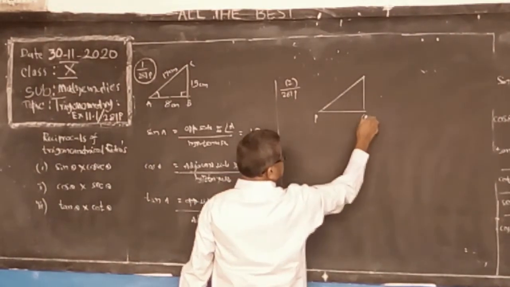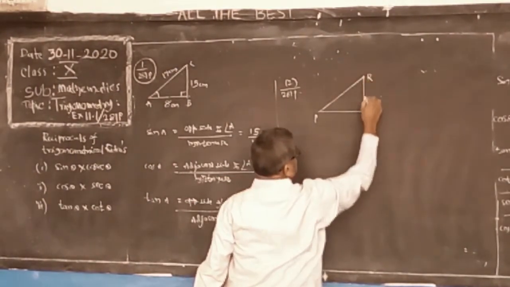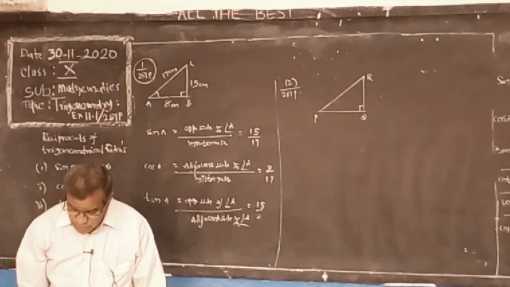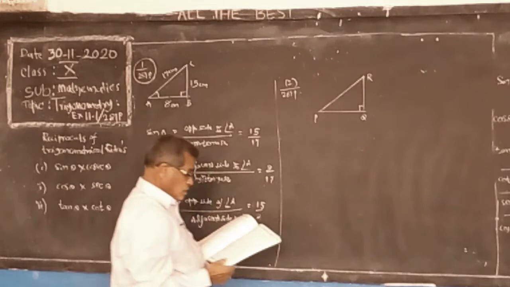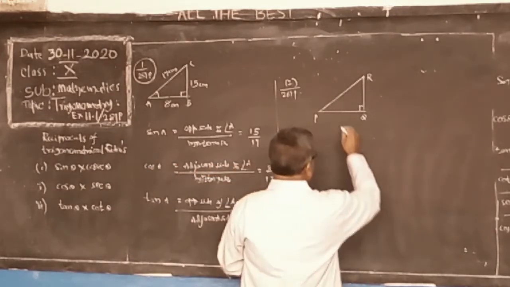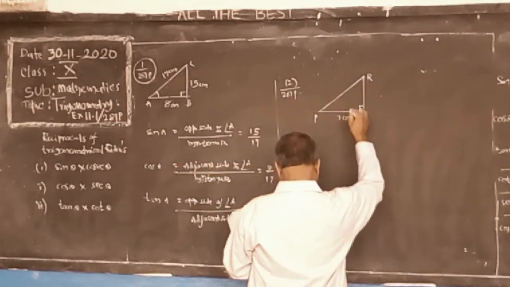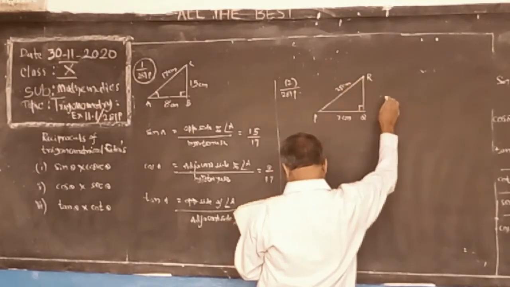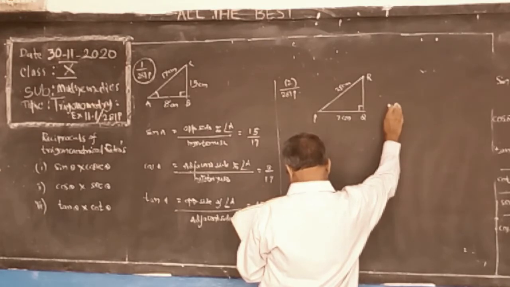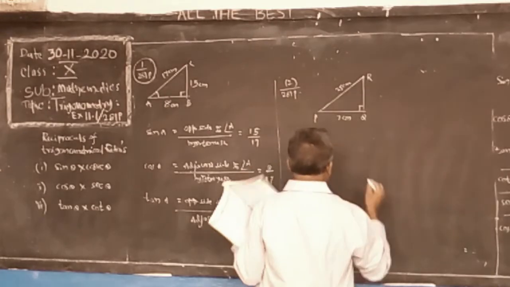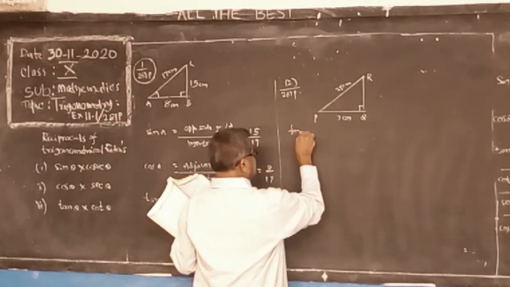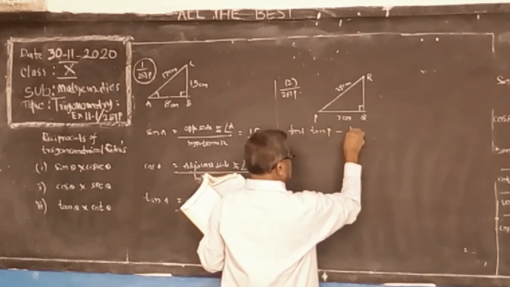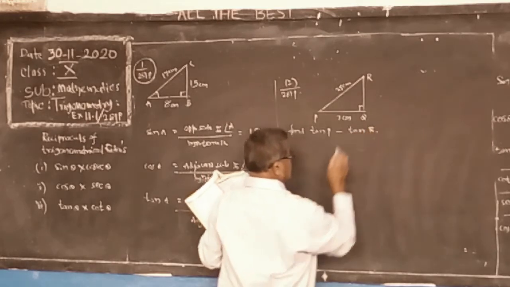PQR, PQ 7 centimeters, PR 25 centimeters, and find tan P minus tan R. Okay.